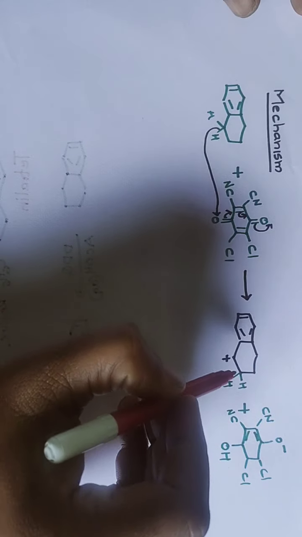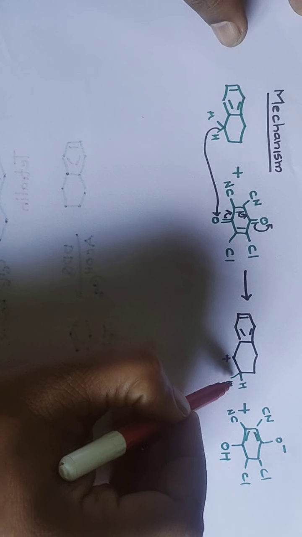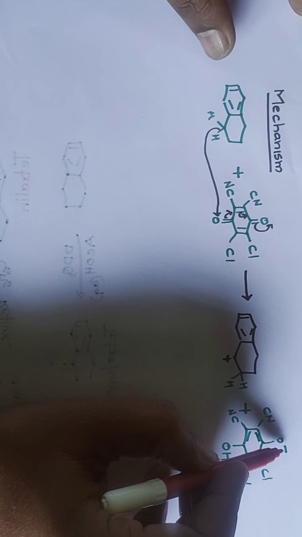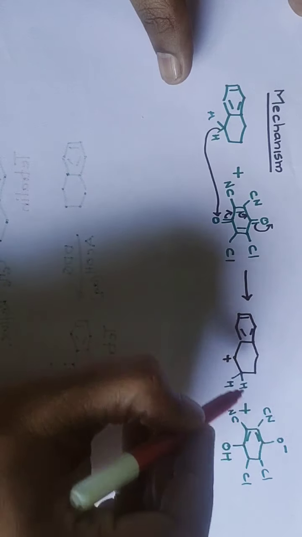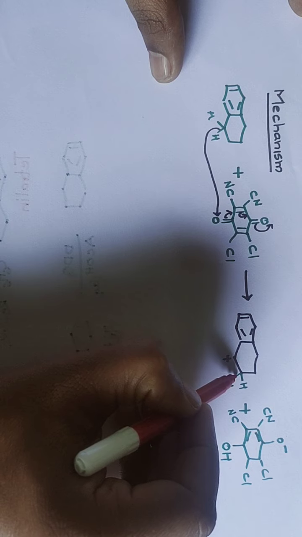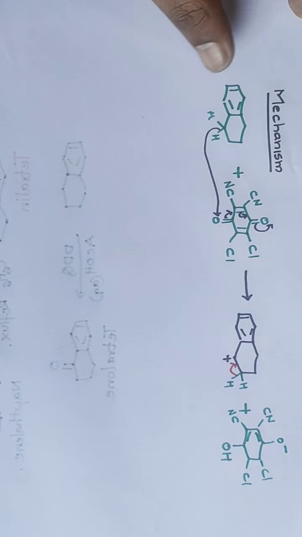Now a loss of proton takes place here, and this proton forms OH here. Because there is a positive charge, a loss of proton takes place and the electrons move here and form a bond.